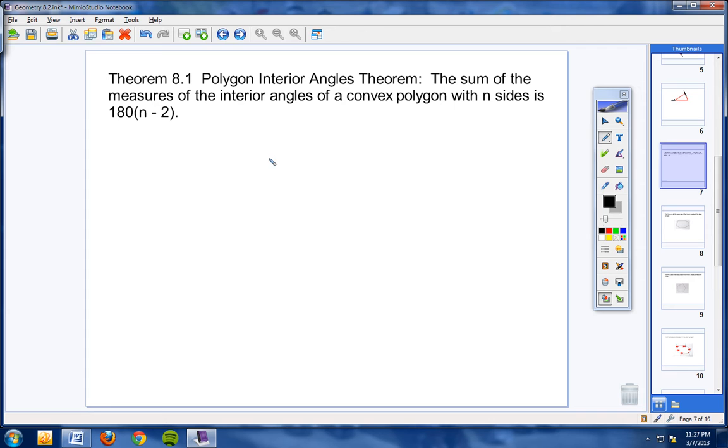Okay, can I put this into English for you, please? Write this down. This letter n just simply means this: the number of sides. That's all that it means.